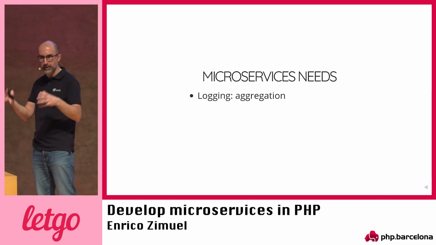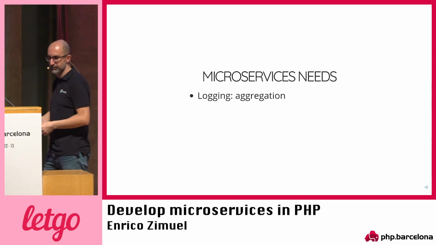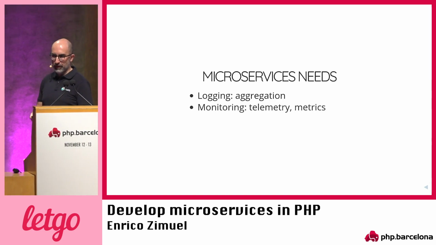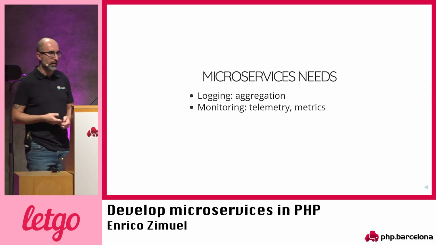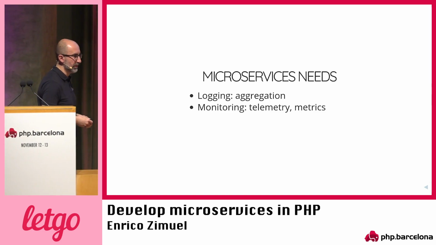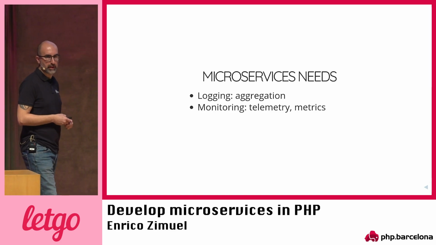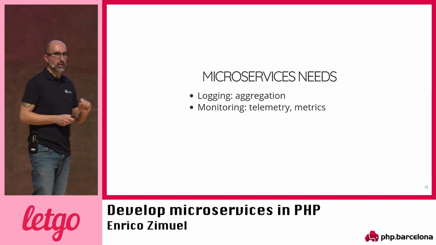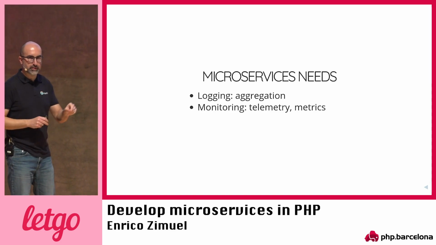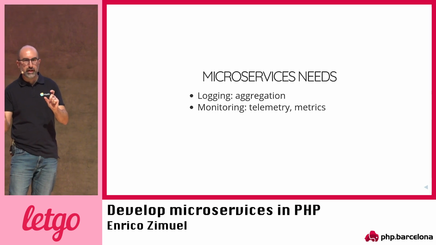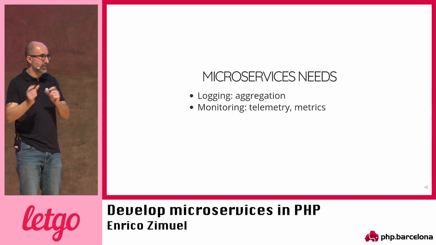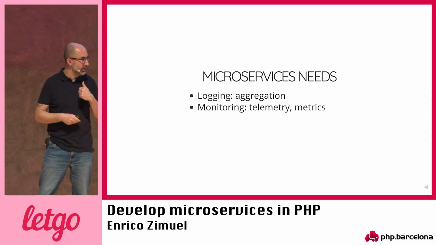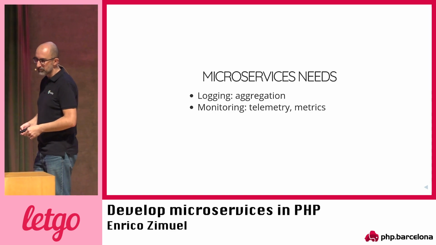So you need a concrete way to aggregate the logging. You need an instrument for monitoring the application, so you have to get some telemetry, some metrics behind your application. You need to know how many milliseconds it takes to produce this HTTP response for this HTTP request, how much memory is allocated by the services, the CPU usage, and so on.